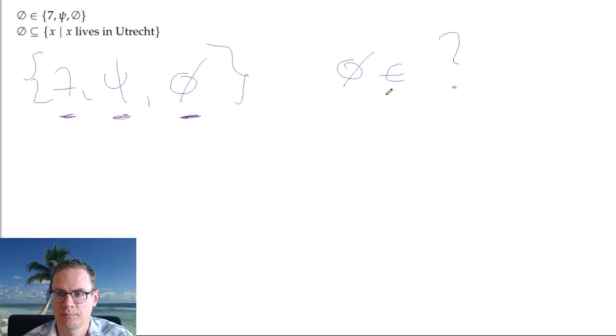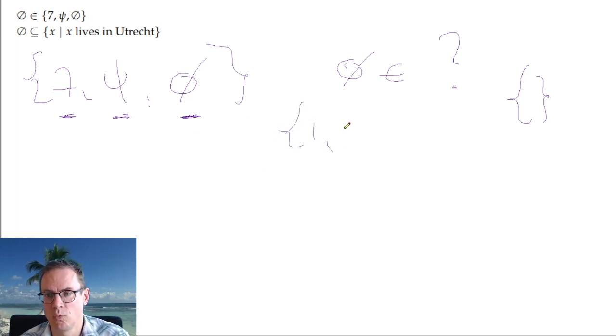So yeah, it's in there. The empty set is just a set. You can also write it with curly brackets and nothing in between. There's only one empty set. It is a member of this set. It's not a member of every set. For instance, the example we discussed earlier, 1, 2, 3, doesn't have the empty set as an element.